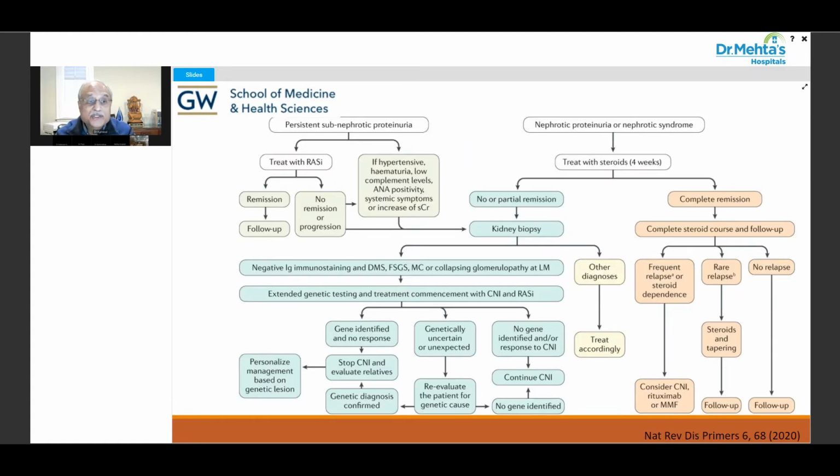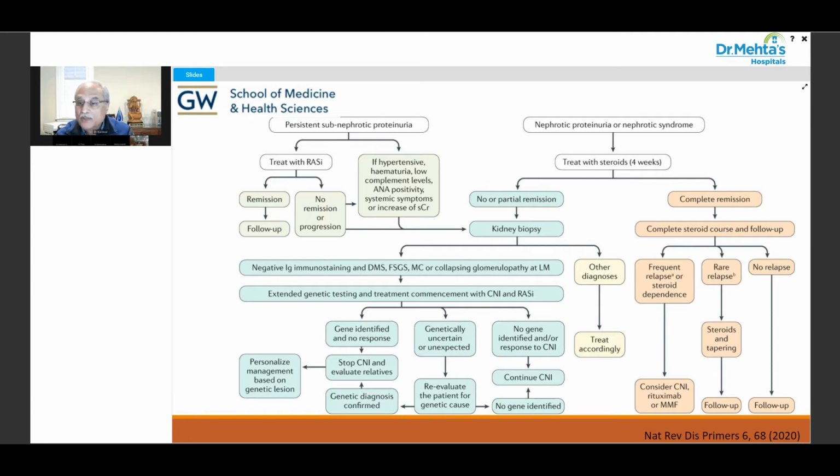Next, coming to a very tricky part, how do we treat someone who has podocytopathy of some type? This is the adult component as reflected here by Dr. Jeffrey Kopp. Adults are treated by 4 weeks of steroid treatment, and if they fail, that is considered a no remission or partial remission if that happens, or complete remission if that happens.